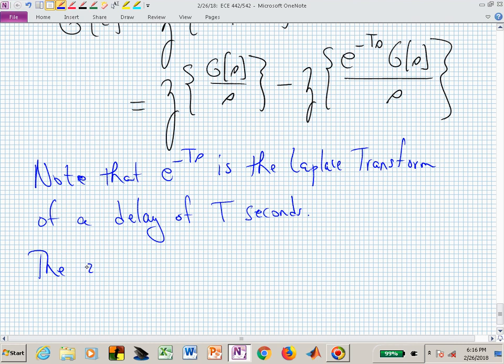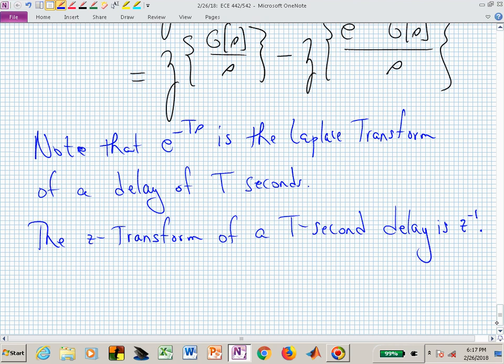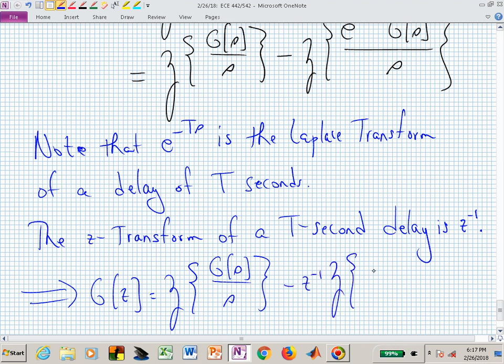And we also know that the z transform, which is what that script Z is doing on the right-hand side in that expression, of a one sample period delay, or of a T second delay, is z to the minus 1. That means that we can now write G of z as the z transform of G of s over s minus z to the minus 1 times the z transform of G of s over s.